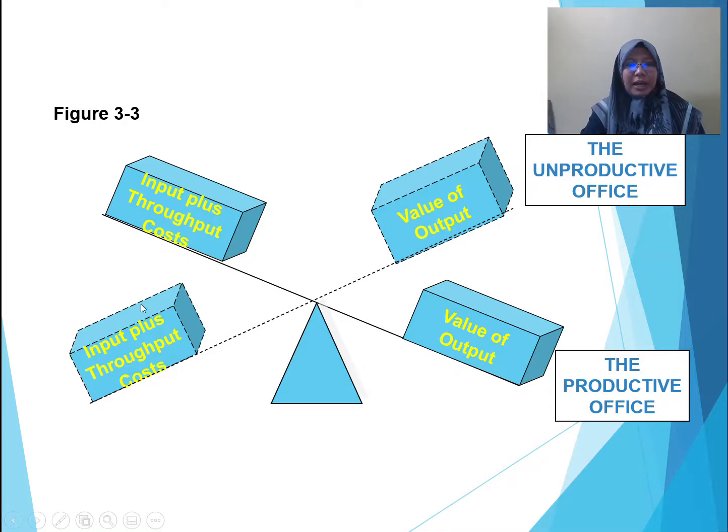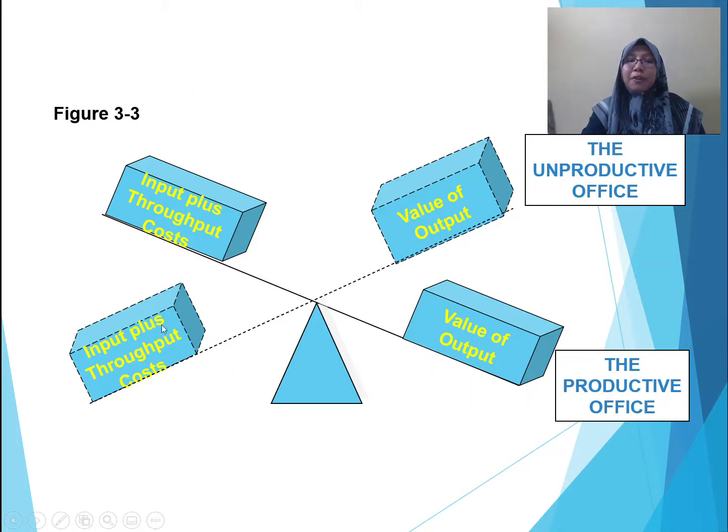Okay, we have the input plus throughput cost, and the value of output. This is what we call the unproductive office. For the productive office, this is the input, throughput cost and value of output. How are you going to read this?